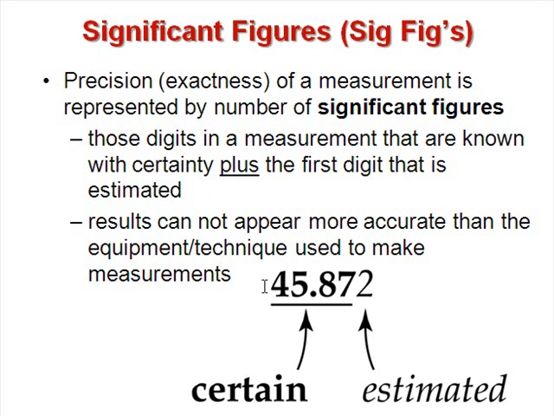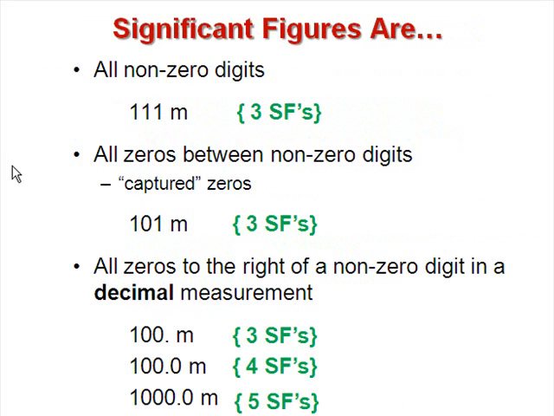So what happens is you get 45.872. This is the estimated value. So SigFigs are the limit that the instrument gives you. So you've got 3 SigFigs here.